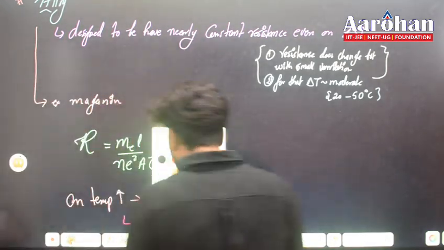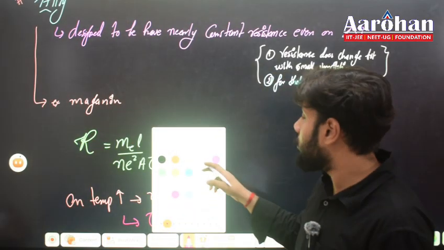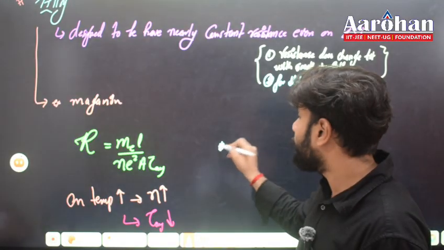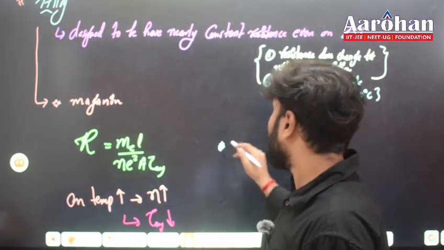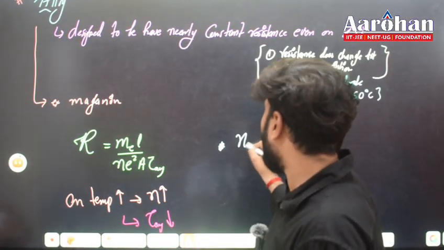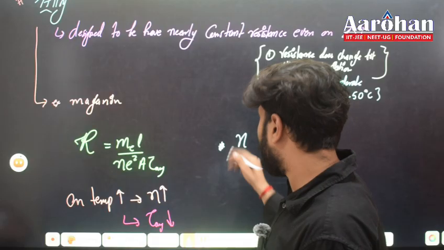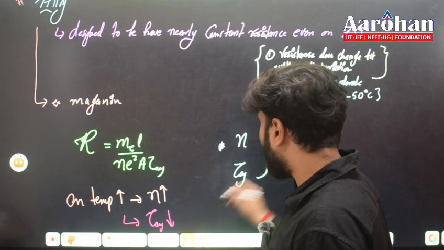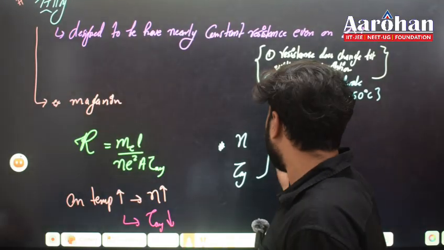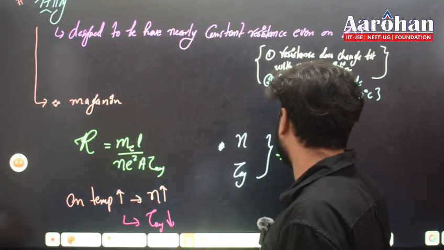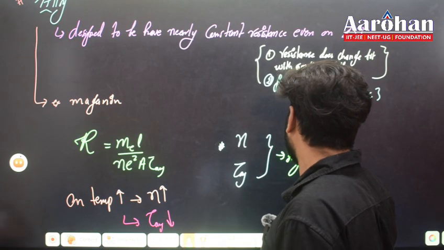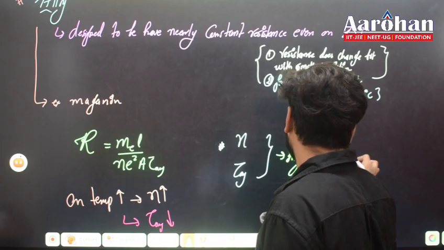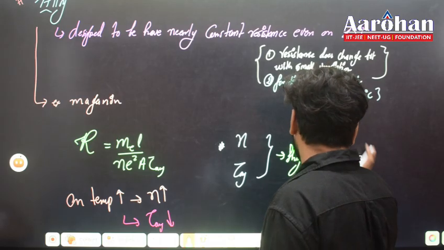That is true. And if you want to have nearly constant resistance, what do you need? If you want constant resistance, n average, the free electron density, and tau average will do what? They will cancel out each other's effect.